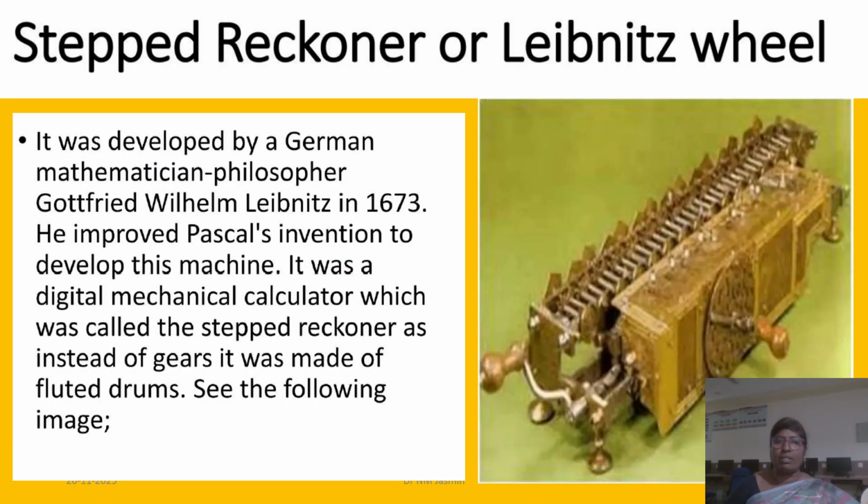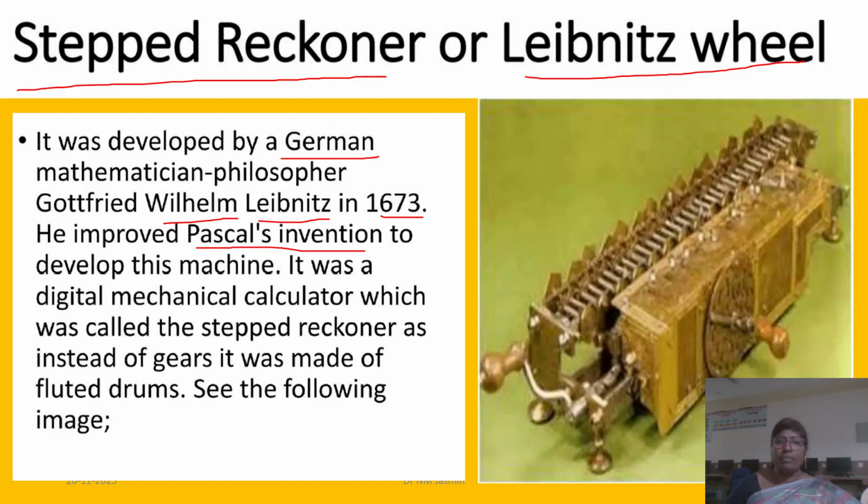The next is the step reckoner or Leibniz wheel. It was developed by the German mathematician and philosopher Gottfried Wilhelm Leibniz in the year 1673. He improved Pascal's invention to develop this machine.